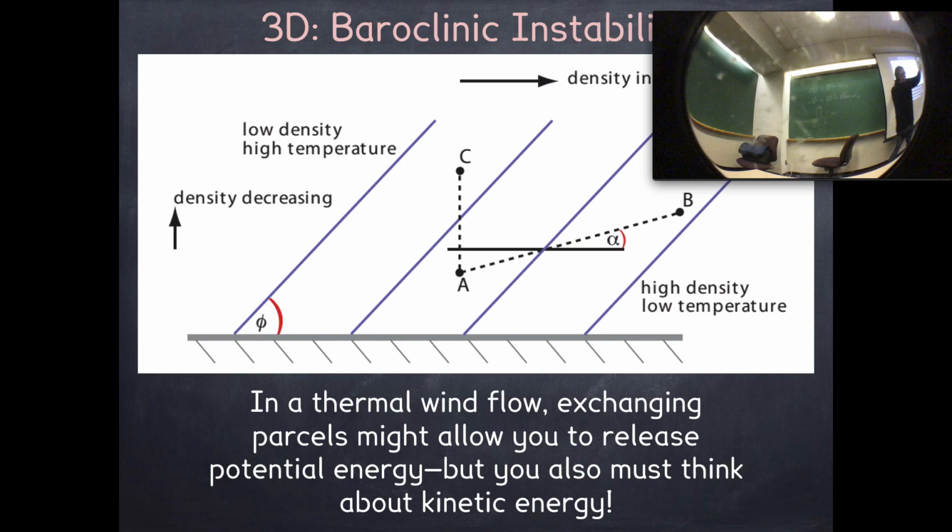I'd expect it to be unstable if what happens? If I swap A and B, and I change the kinetic energy and change the potential energy in doing that, when would I expect to have an instability?